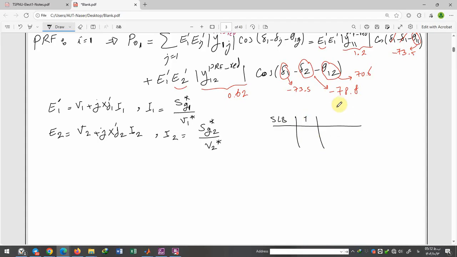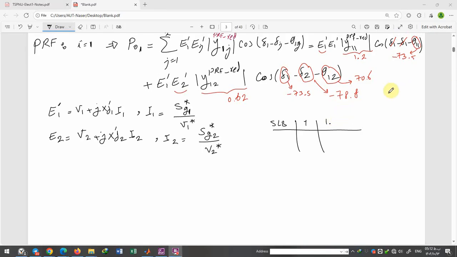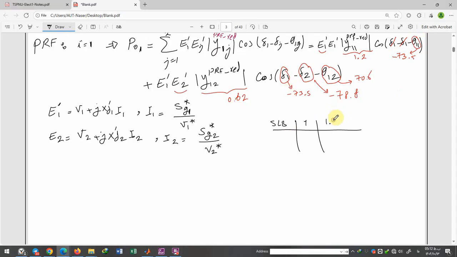The bus number 1 has active and reactive power as, for example, 1.2 plus j0.7 as active generation and reactive generation, with the magnitude of voltage 1.08 with the angle of 0.